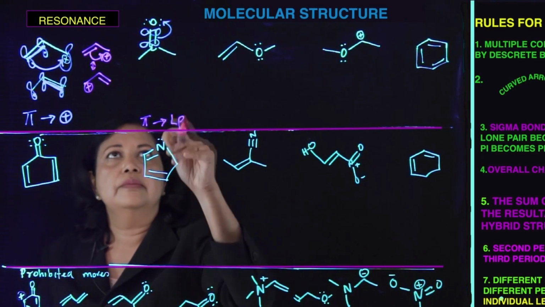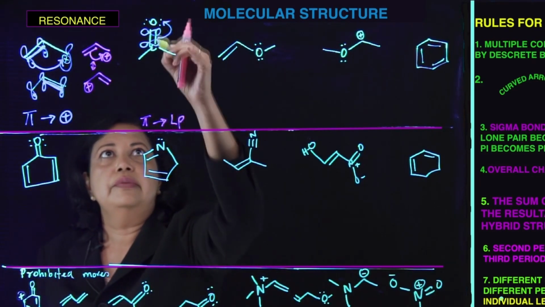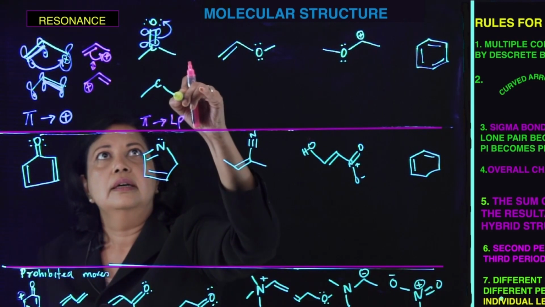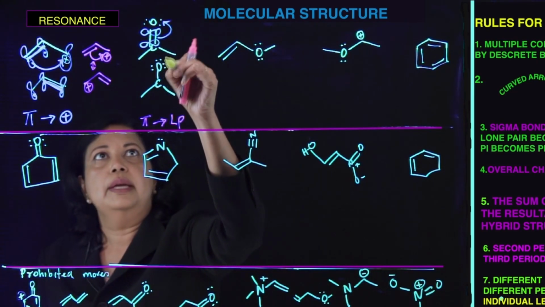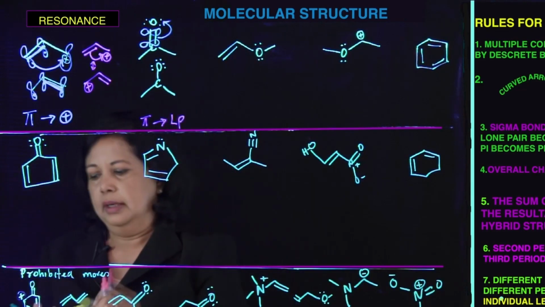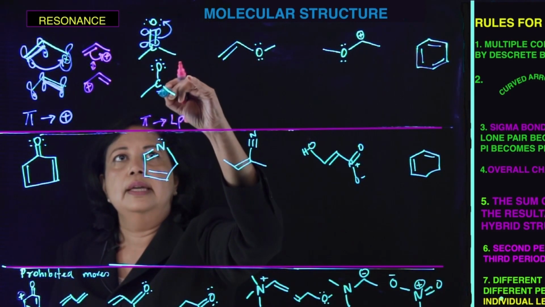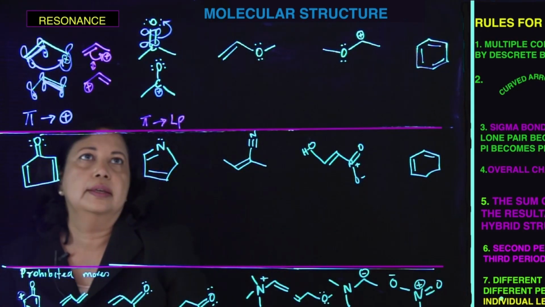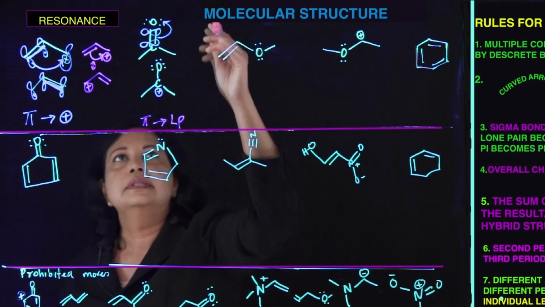That's another very, very common trend. So here, if you draw this out, you have an oxygen, then you have 3 lone pairs here. You broke the pi bond here, so you're going to get a positive here. So you'll have an empty orbital.